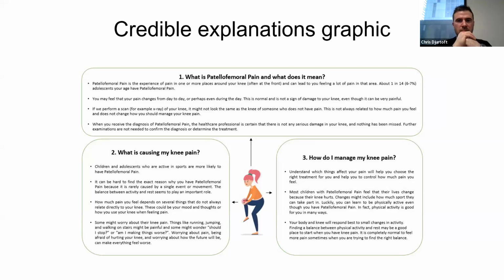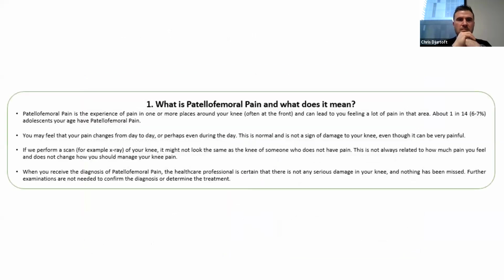And I'm just going to quickly run through the 3 different boxes. The first box is mainly focused on the diagnosis itself, the etiology, and diagnostic criteria, what to expect from that.